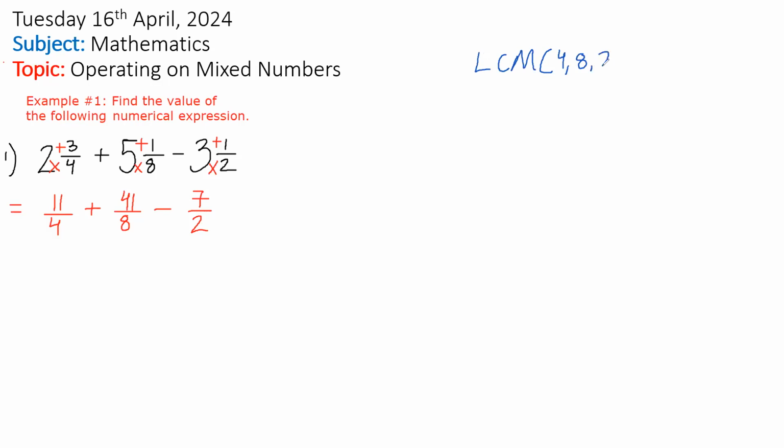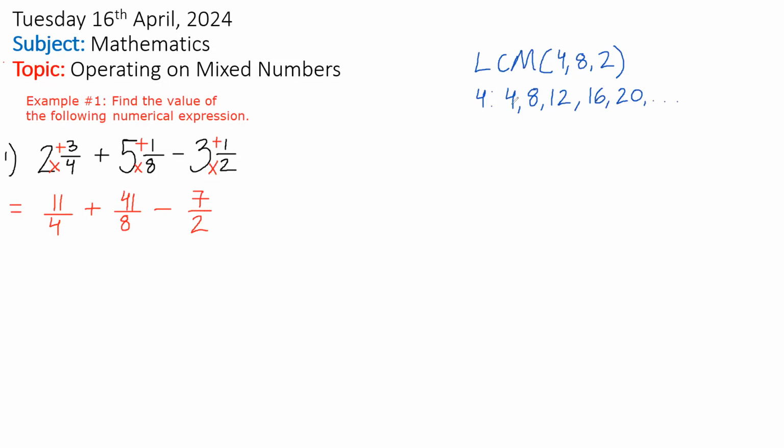In order for us to find the LCM, or the lowest common multiple, of 4, 8, and 2, we have to list the multiples of each.